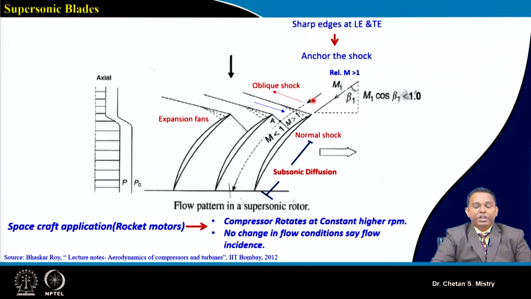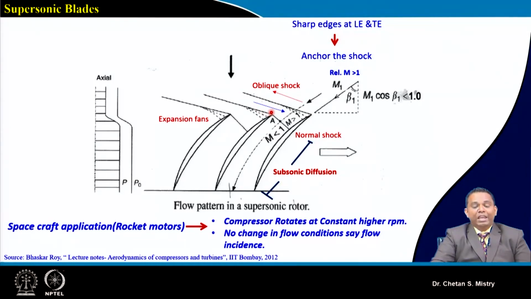So upstream of my shock, this shock we can say is an oblique shock. This oblique shock will be having a downside based on the curvature of my suction surface. This angle will be defining the formation of the expansion fans. So this is one of the legs, which is moving away from the blade.